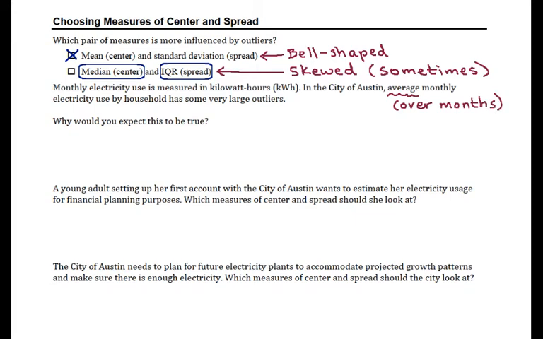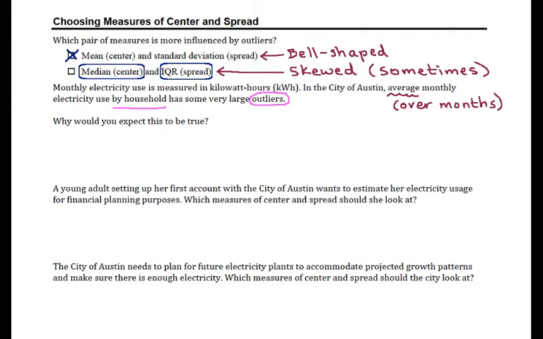So if we average over the months, say like January, February, March, etc. for one customer, then we can get that customer's average monthly electricity use. So then when we say by household, that means that each data value is the average monthly electricity used for that particular household. In Austin, this has some very large outliers.